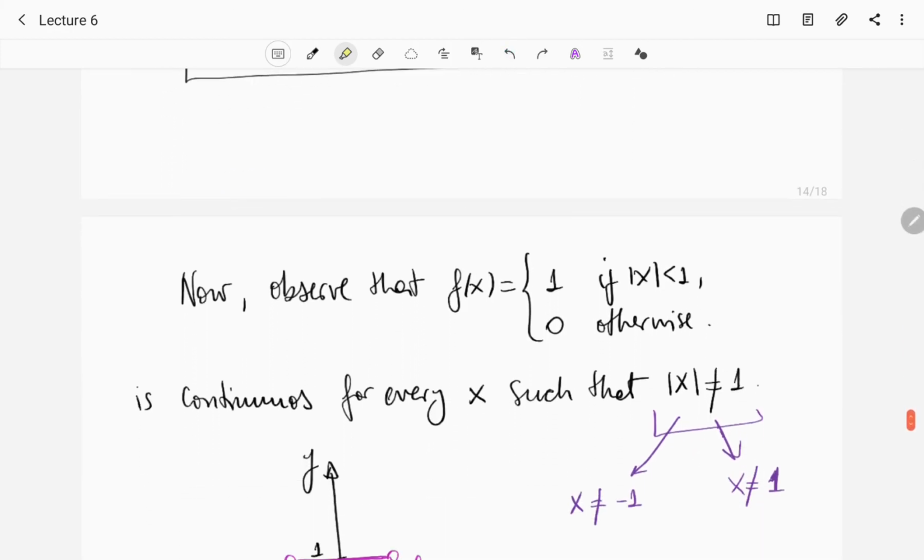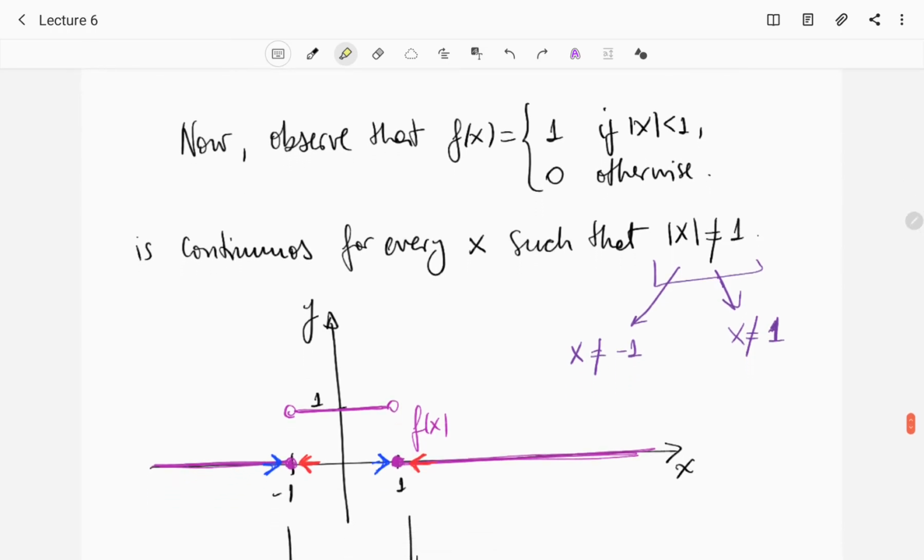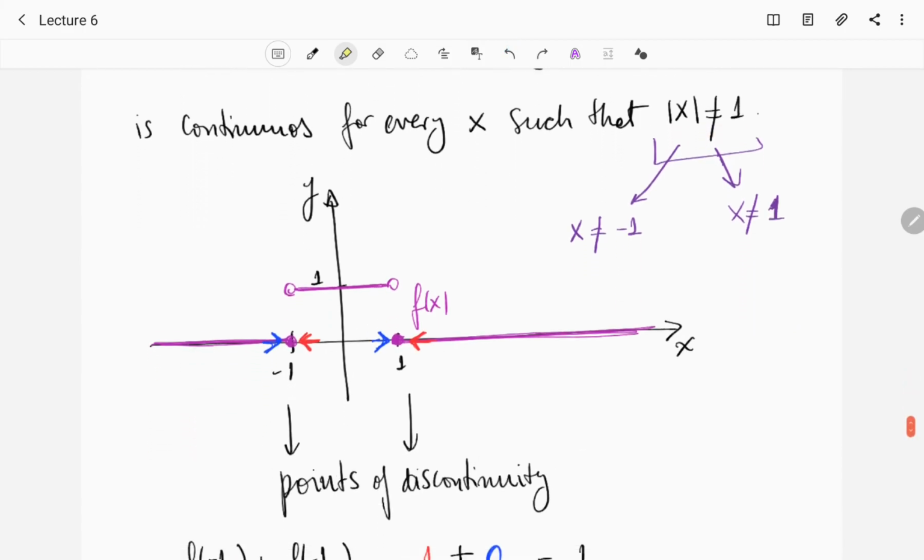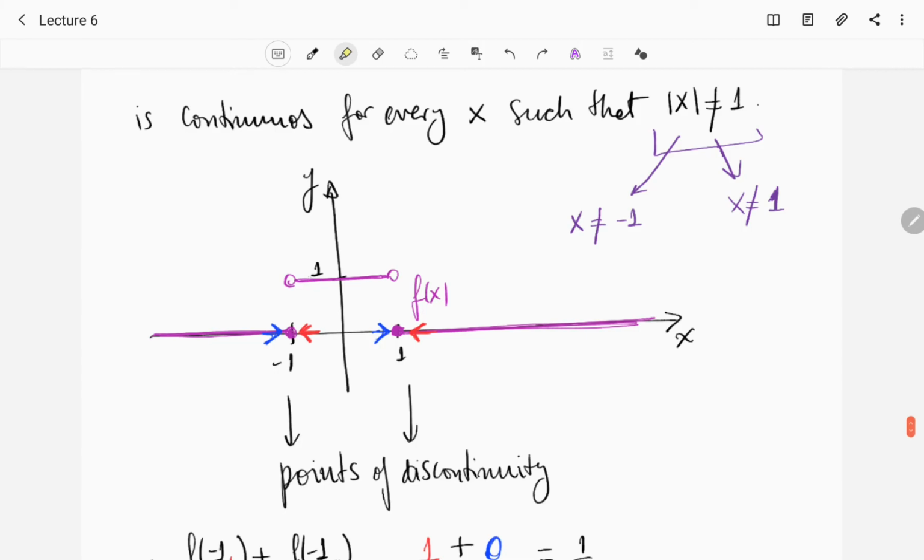Now, just a remark. Observe that this function f of x, our function 1 in minus 1, 1, and 0 otherwise, is continuous for every x that is not exactly minus 1 and 1. So if we see the graph of this function here, the function in the open interval minus 1, 1 takes the value 1, and for the rest it's 0.